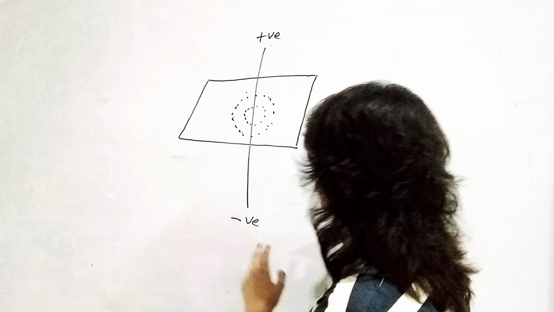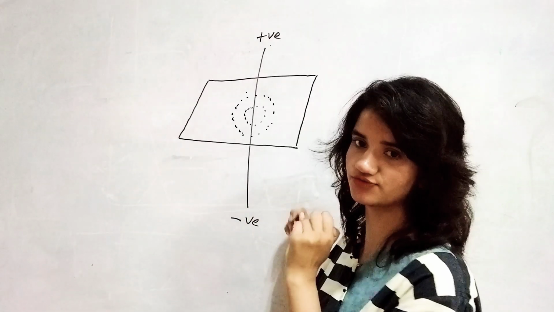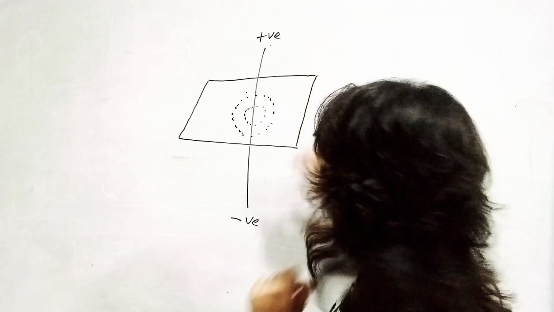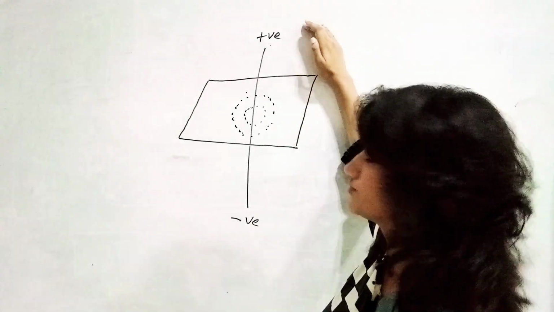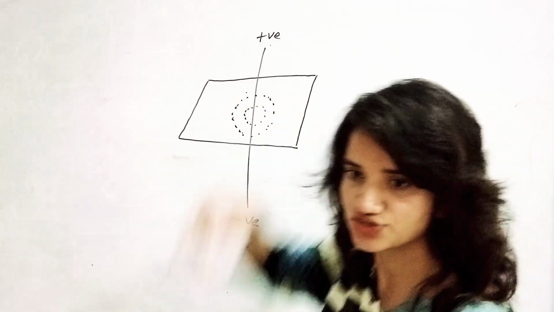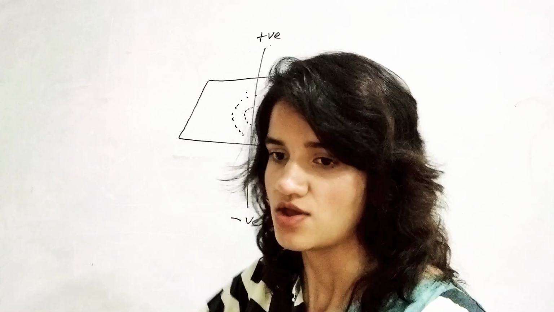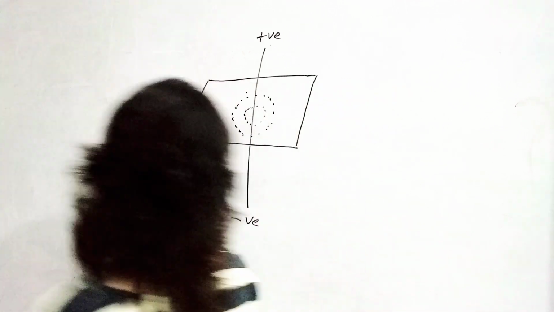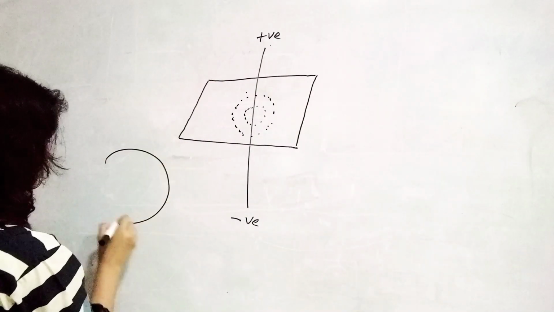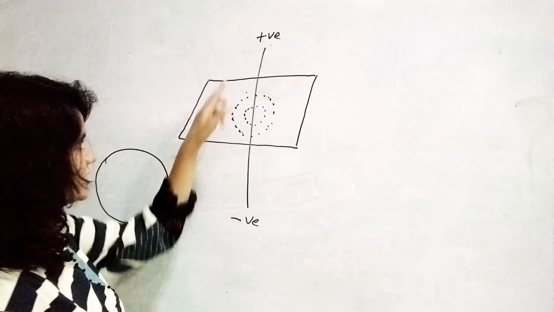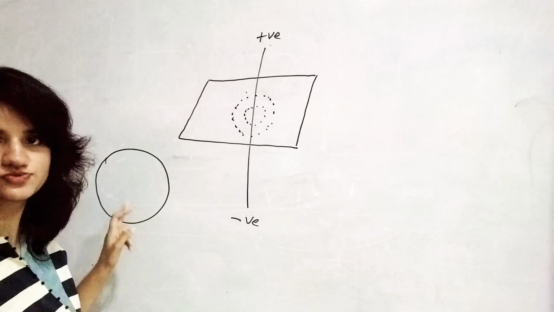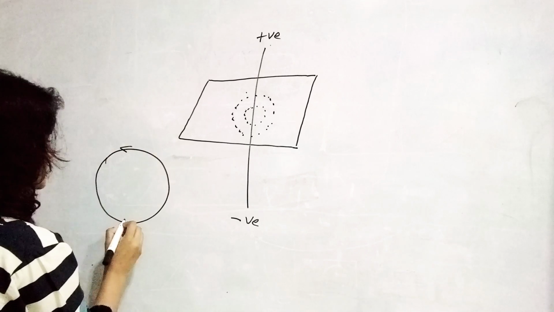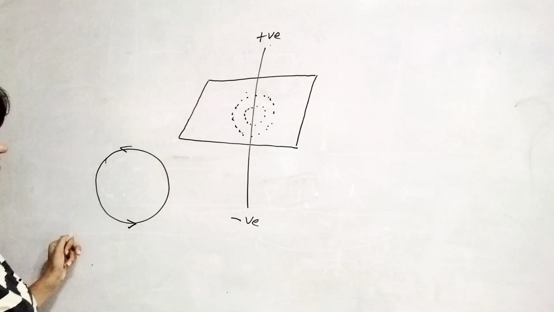When the direction of current flow is negative to positive, the circles which are produced will form lines anti-clockwise. Anti-clockwise means they will be moving in this direction.